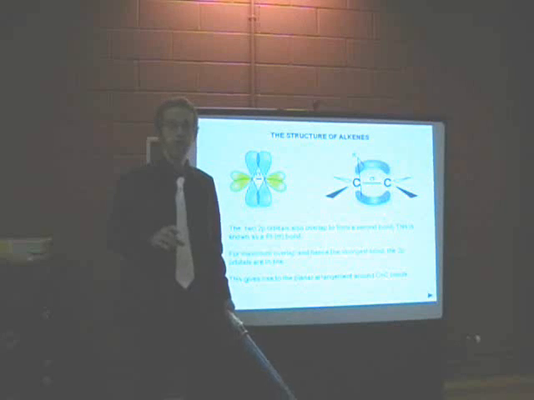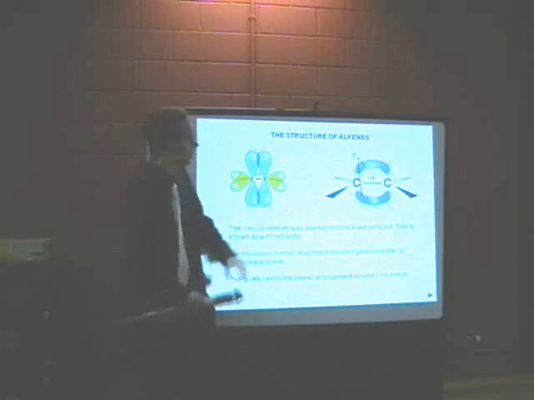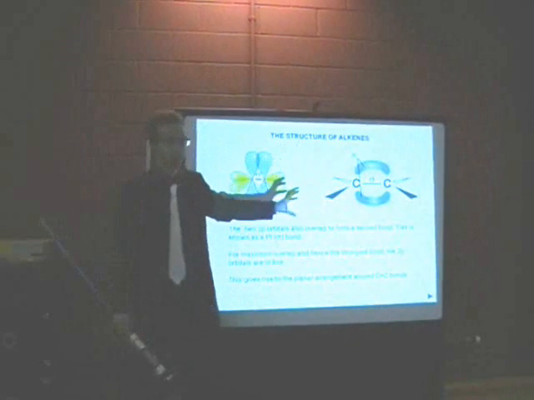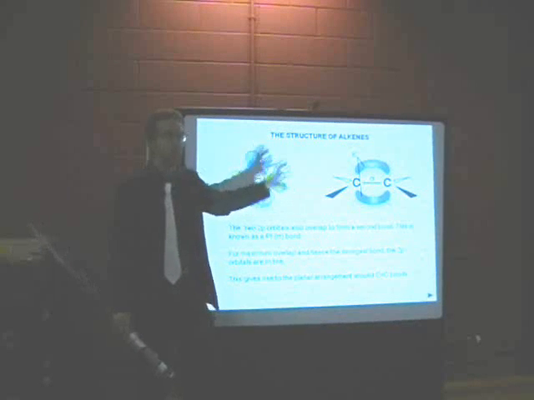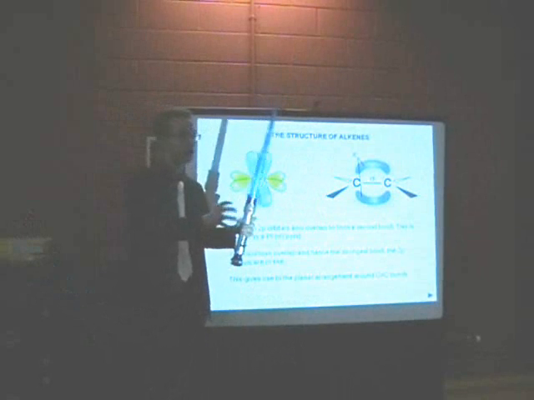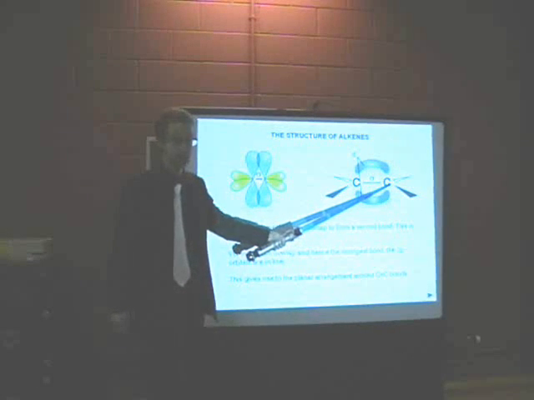Okay? And, although you can't really see it on the diagram here, this does not come out in front of the molecule. This is just above and below. Okay? Now, crucially, what that means is that the bond can't rotate. This end can't rotate with respect to that end.